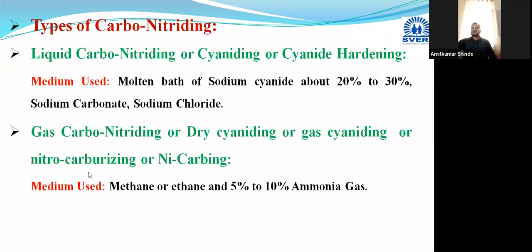Suppose the medium used for conducting carbonitriding is a mixture of 5 to 10% ammonia gas and a carbonaceous gas medium like methane or ethane. Then this carbonitriding will be termed gas carbonitriding, or it is also known as dry cyaniding or gas cyaniding, or nitrocarburizing, or simply nicarbing.